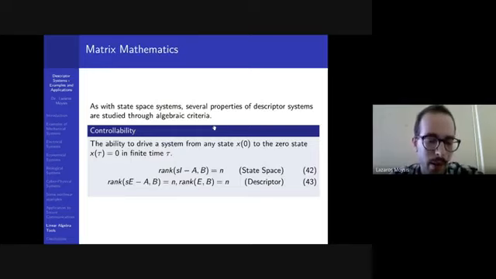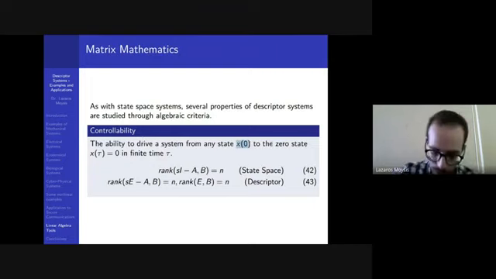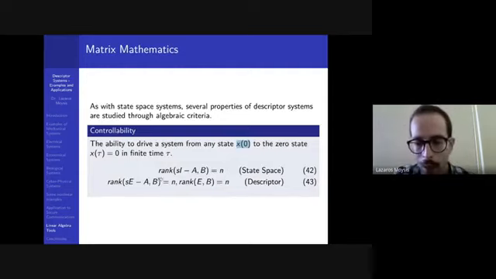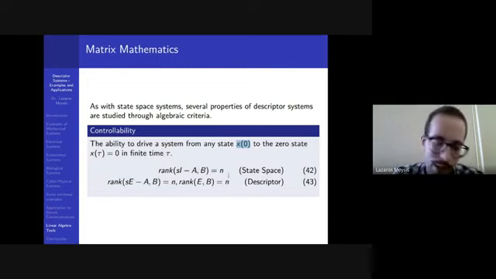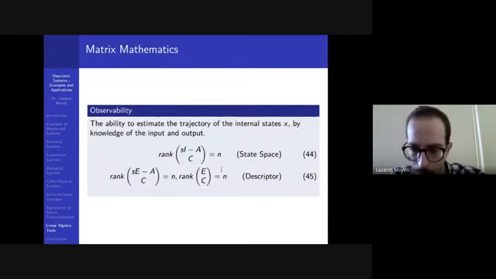For example, in classic properties like controllability, which is the ability to steer a system from a non-zero state to the zero state, it studies whether we can drive a system to a desired behavior. In order to study it, Kalman defined some classic rank criteria for state space systems. Similar rank criteria hold for descriptor systems as well. So yes, you need linear algebra.